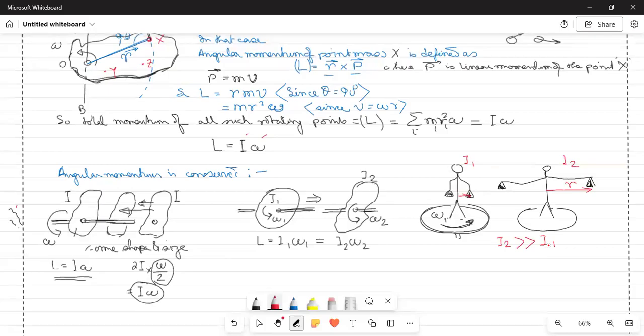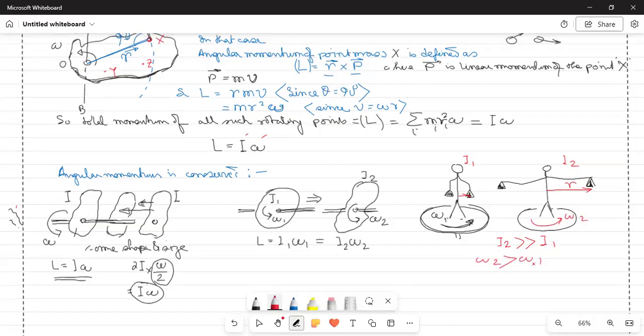If you spread your two hands to a long distance, the radius of these weights increases, so the moment of inertia increases. But if you are on the same rotating table, and the moment of inertia increases, obviously the angular velocity omega 2 will be less than omega 1.